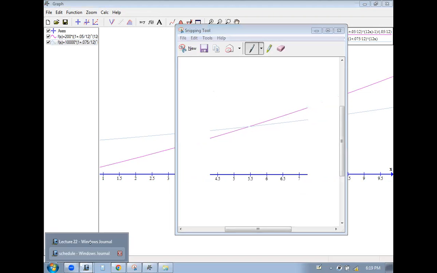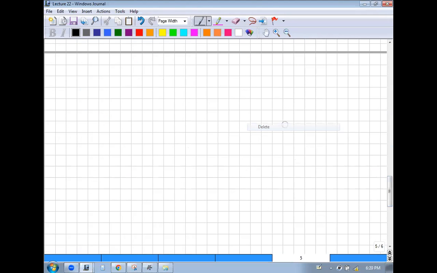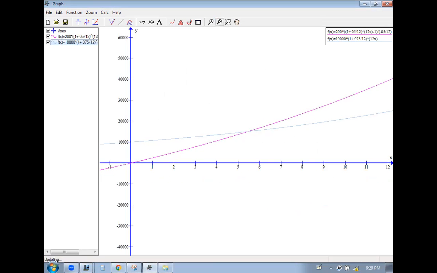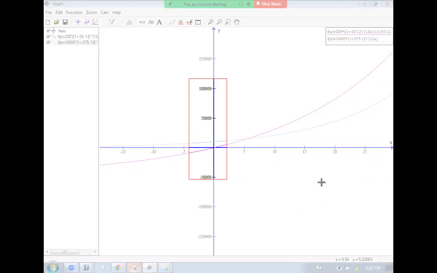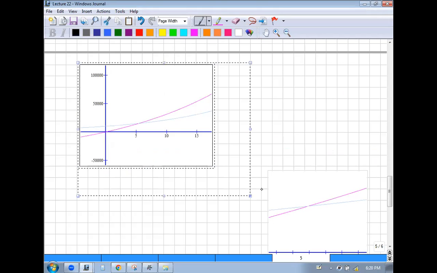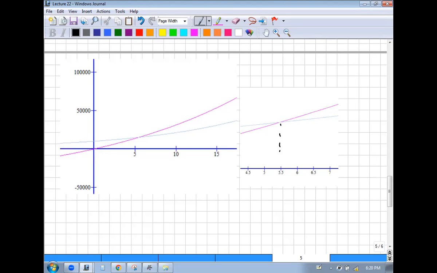Let's paste that in there, get rid of this, and zoom out. So graphing is awesome, right? You can just look at a picture. So the answer is that t is approximately 5.5 years.